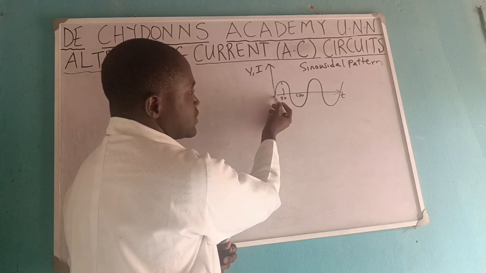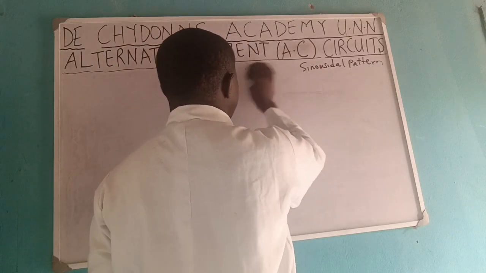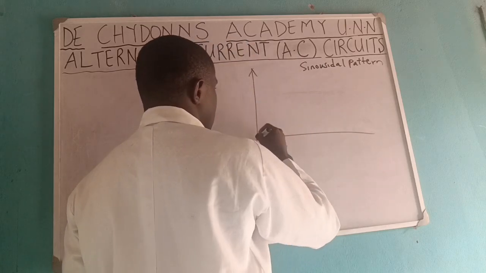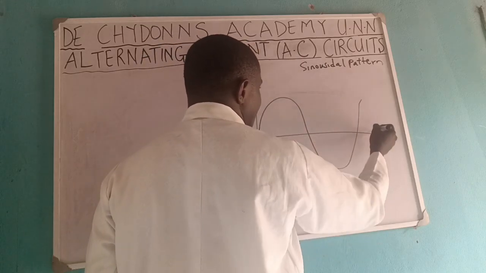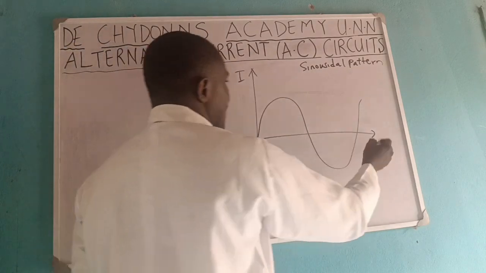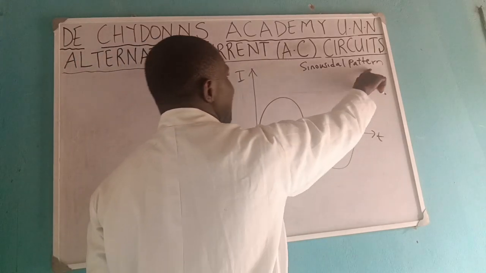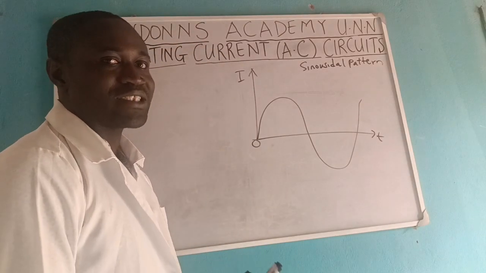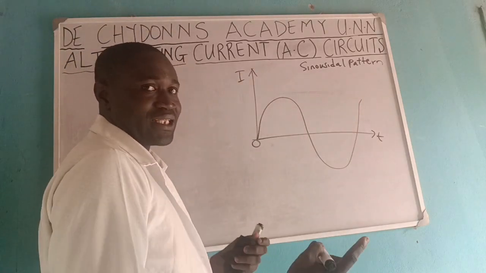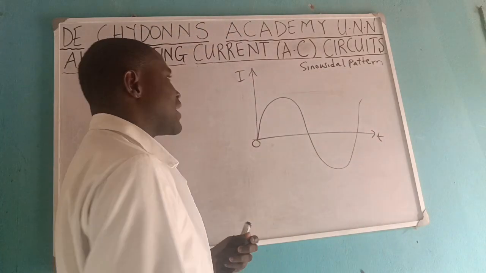Let's sketch it in a clearer pattern so that you can see what I am talking about. Graph of current against what? Time. It obeys the sinusoidal pattern. That is the sine theta graph, which goes like this. Are you getting it? That is where we say sinusoidal. That is, it obeys the sine graph pattern.